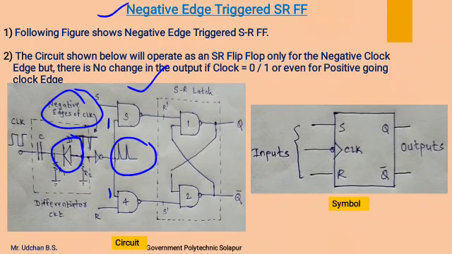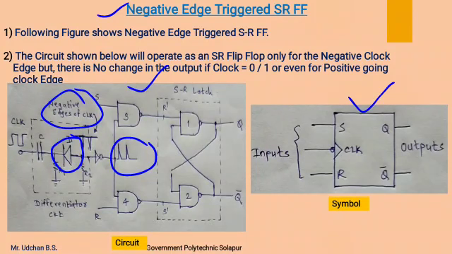If we do not add this NOT gate over here, both NAND gates 3 and 4 will always get a 0 input, by which irrespective of S and R we would have got a logic 1 output, which we are going to avoid. Therefore a NOT gate is inserted between the clock input of the SR flip-flop and the differential circuit, which can avoid at least one input of NAND gates 3 and 4 being 0.